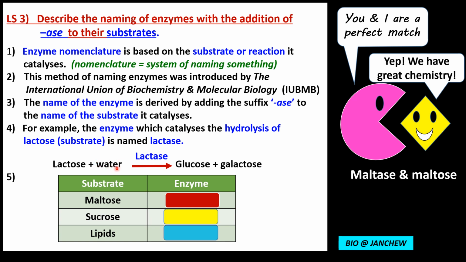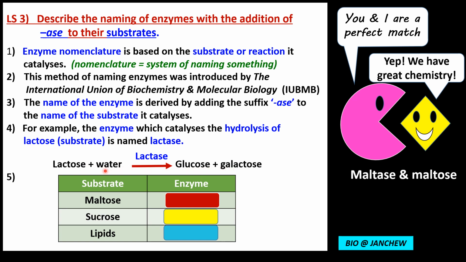So lactose plus water, and this breakdown is catalyzed by lactase, produces glucose plus galactose. Okay, so this reaction or equation shows the breakdown of lactose into 2 monosaccharides. From a disaccharide, 2 monosaccharides are produced.